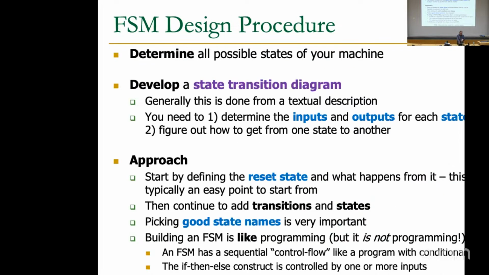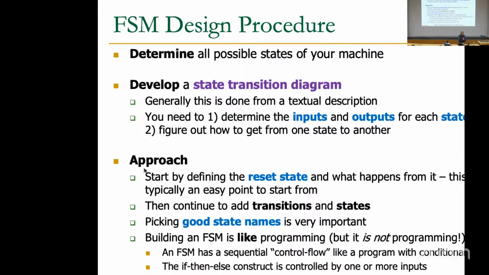Okay, so that's the procedure for FSMs. To summarize, we determine all possible states of our machine, and we develop a state transition diagram. Generally, this is done from a textual description. You need to determine the inputs and outputs for each state, and also figure out how to get from one state to another.